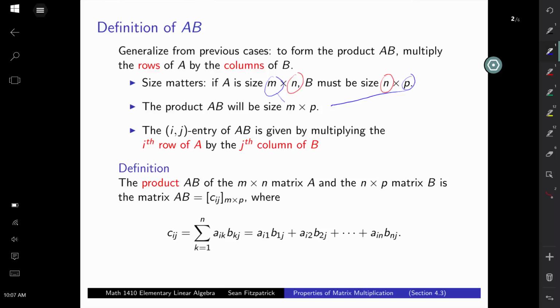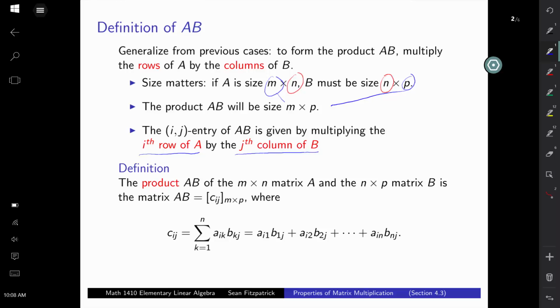Now, once you know the size of the product, you need to compute the entries within. It's supposed to be a matrix, so what are the entries of that matrix? The entry that goes in row I and column J is you take row I from A and multiply by column J from B. So for row I, column J, it's row I times column J, but row I comes from the matrix on the left, and column J comes from the matrix on the right.